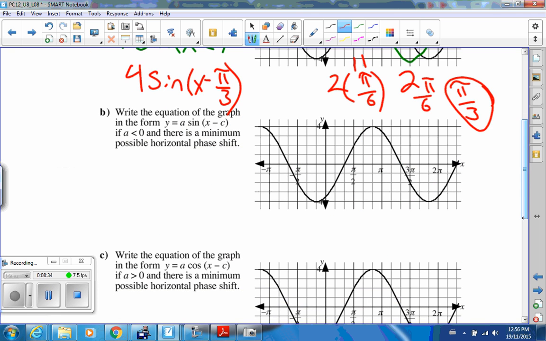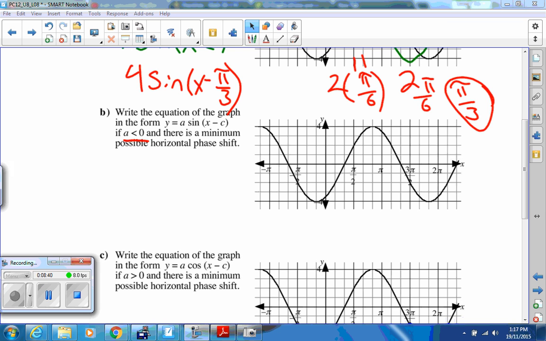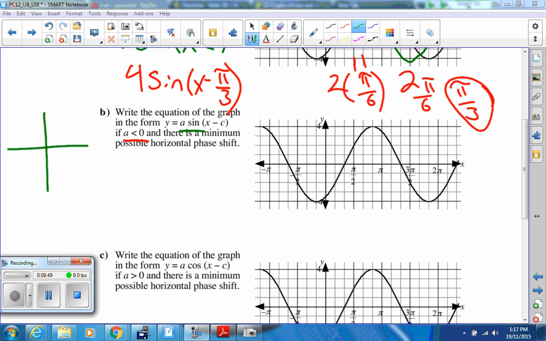Same thing here, except now they want it as a negative a value. All right, so picking back up here again, there's just the 4 starting points. So here I've got my negative sign. The negative sign has to start like that, midline going down. So it's going to be either this one as my starting point or this one as my starting point.